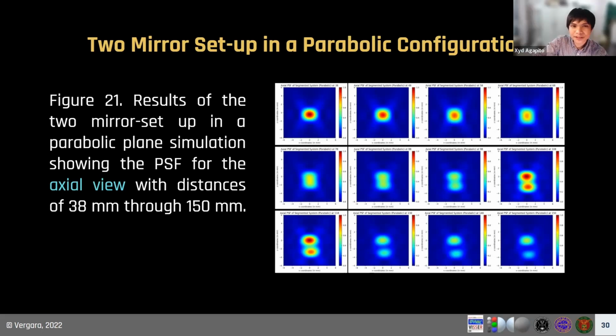So which of these is the best image? Which one would we want? For example, we're building a segmented telescope.